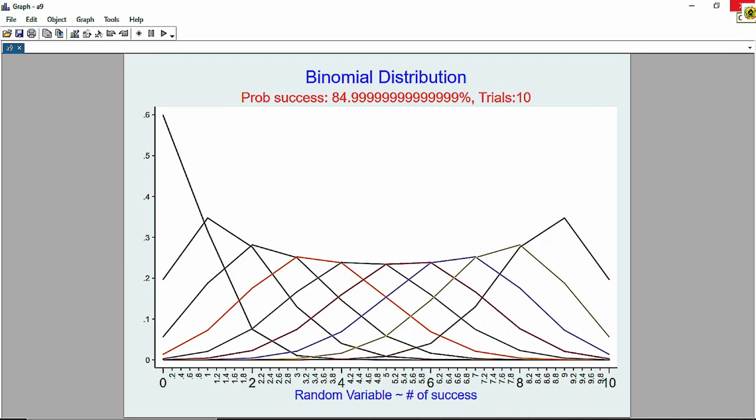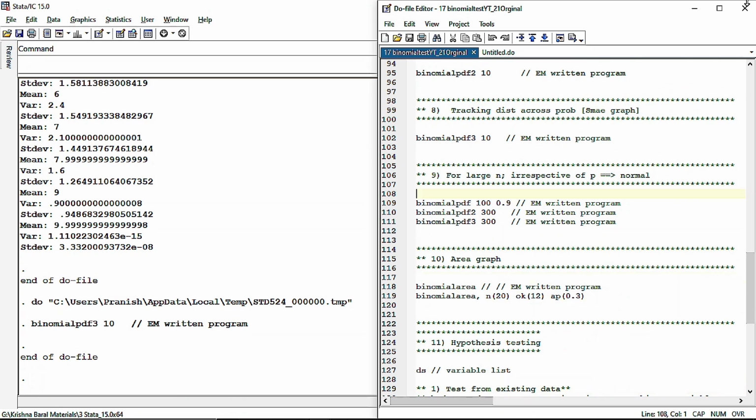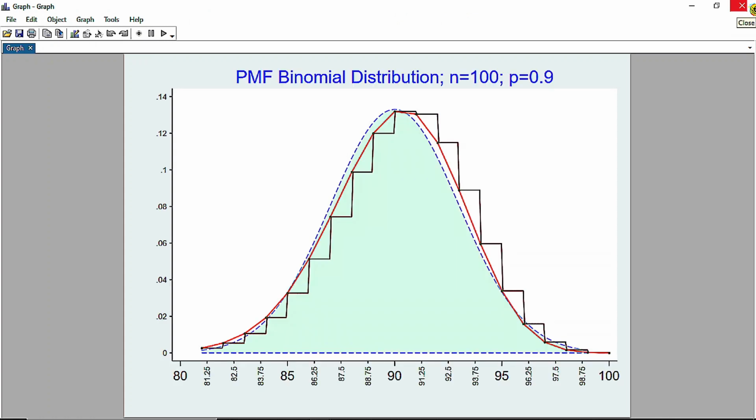So for 5, 15, 25, 35, 45, and 55, they seem to be more symmetric. And for a large number of n, irrespective of the probability of success, the graph seems to be bell-shaped.